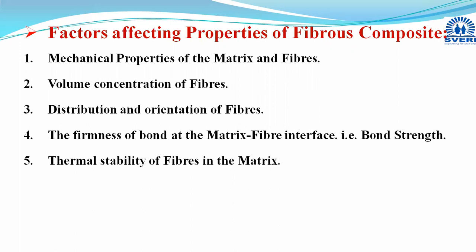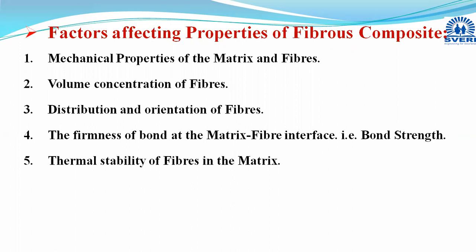Thermal stability means the behavior of those fiber materials at elevated temperatures. Some fiber materials will get dissolved, or they will become soft in nature at the higher temperature ranges, and due to that a brittle layer may be formed.